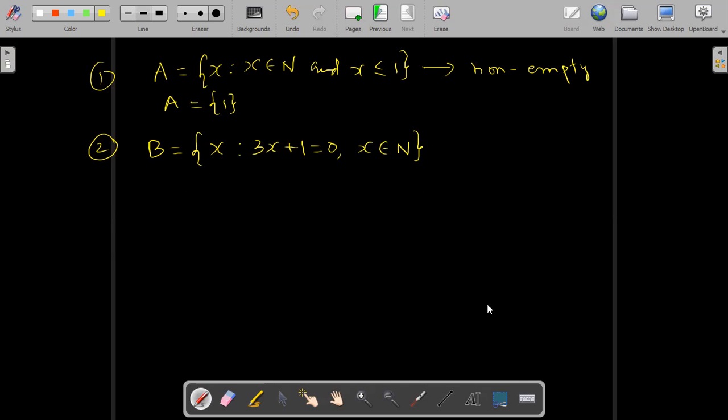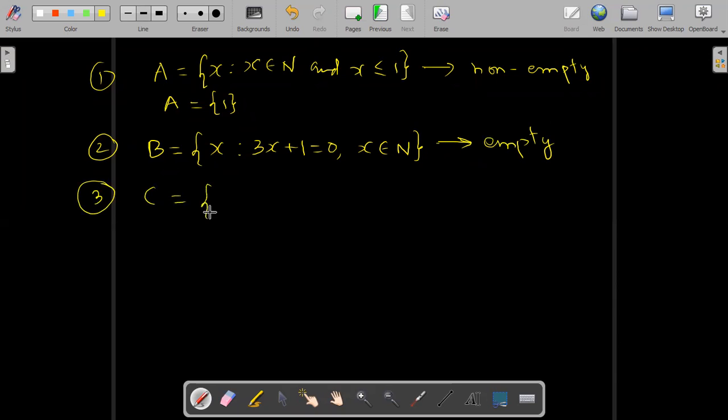Is it an empty or non-empty set? Yes, it is an empty set, because there is no natural number x which satisfies this equation. It will have only minus 1 by 3. So it is an empty set.